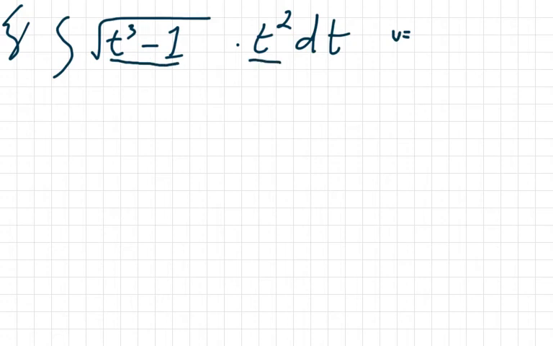Now you have to consciously be thinking about the derivative. When I take the derivative of a t cubed, in my head, doing mental math, I get 3t squared. Well, there's a t squared left when I do the derivative. So I am clearly going to let u equal the inside of that radical. I'm going to say t cubed minus 1.